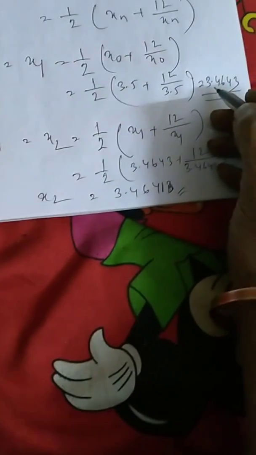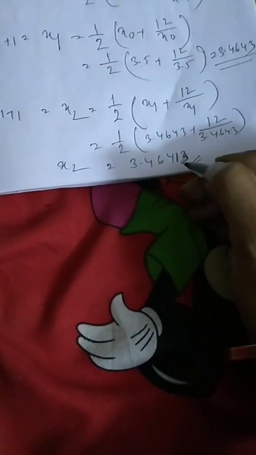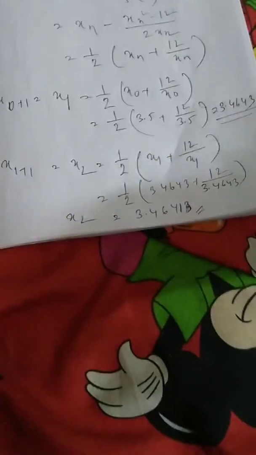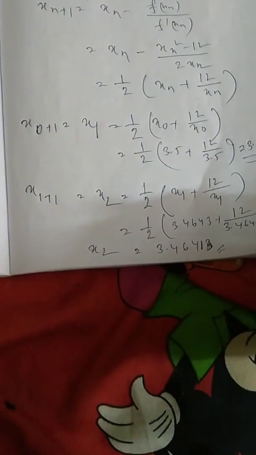Because in two consecutive steps, up to 3 decimals the answer is the same, that is 3.464, but in the 4th decimal there is a 3 and a 1. So if the question asks for the 4th decimal, we have to proceed another step.